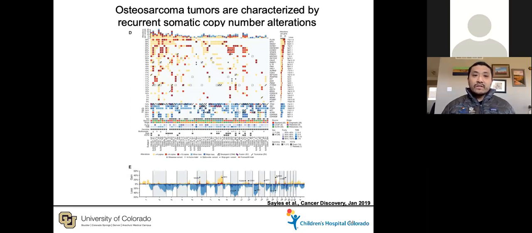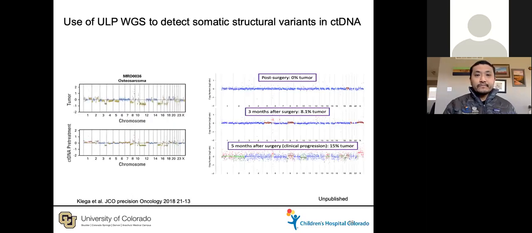There are recurrent events that happen, and you can really group patients based on what kind of recurrent alterations or large amplifications happen.